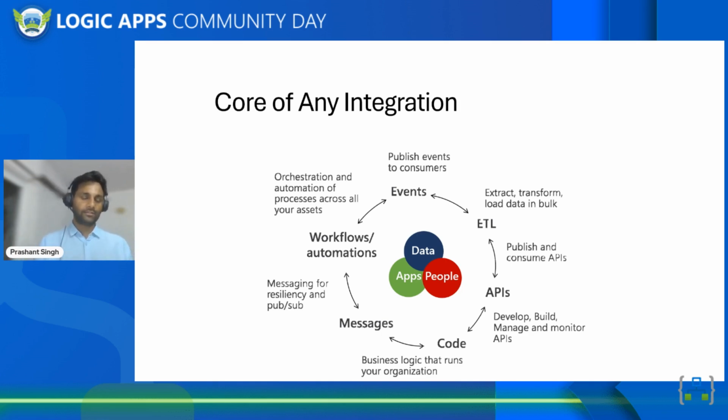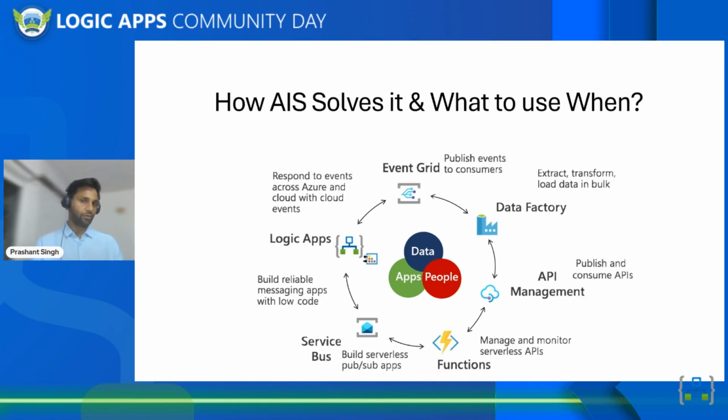You have some ETL scenarios where you extract data, transform it, and finally load it into some other systems. Then you have some APIs which you either consume from your partners or expose yourself. And finally, you have messages, information which needs to be transferred from one system to another system, and we'll see how AIS solves all this.